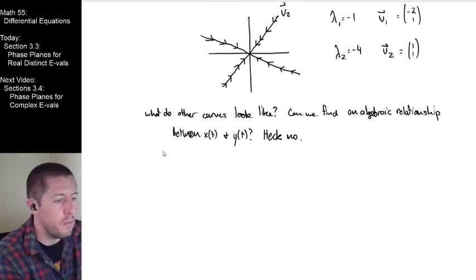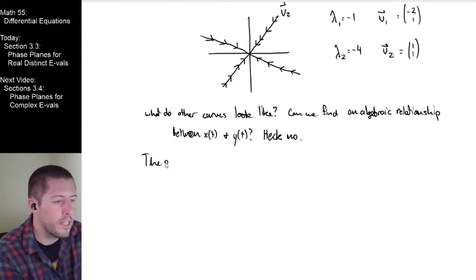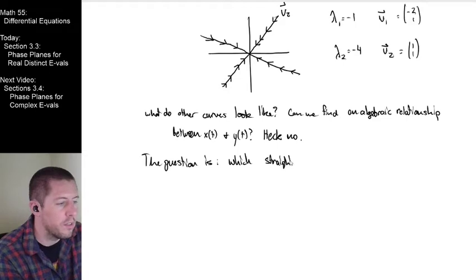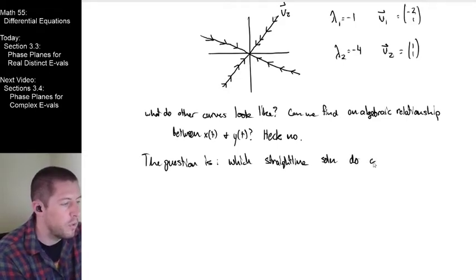So the question is, which straight line solution do our curvy solutions follow into the origin?